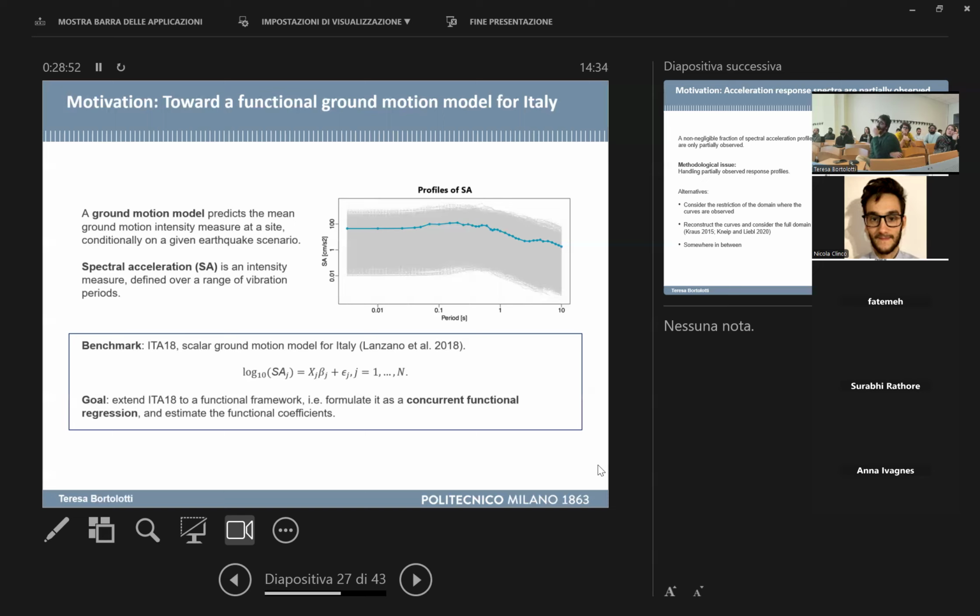The current scalar model builds the model period by period without considering the correlation between periods. Of course, to address the correlation, you would build a multivariate model, but this is one of the cases where you have a big p, small n situation. So a functional model is better fitting in this context.